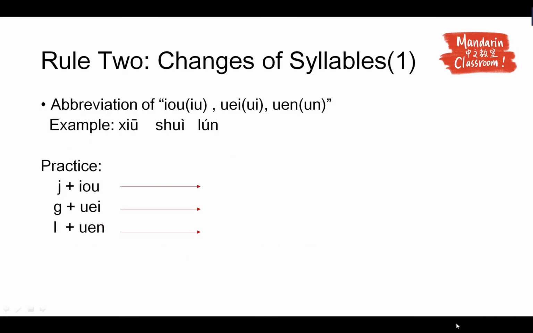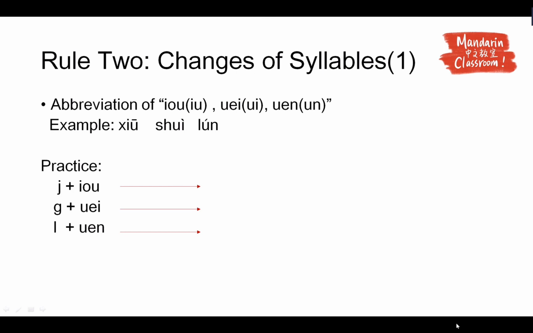Okay, so let's see rule 2, part 1. The changes of syllables about abbreviation of these 3 finals, iou, uei, and uen. Let's see the examples. 休 shui 轮. How could it change? What's the rule? When iou, uei, or uen follows an initial, they are written as the type in parentheses.